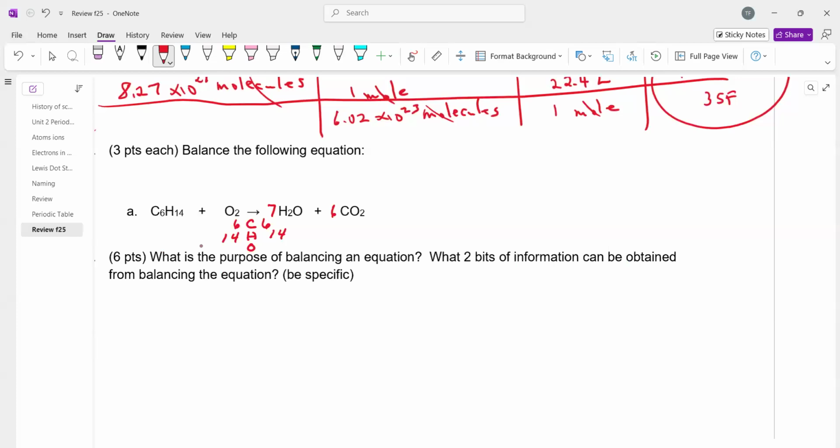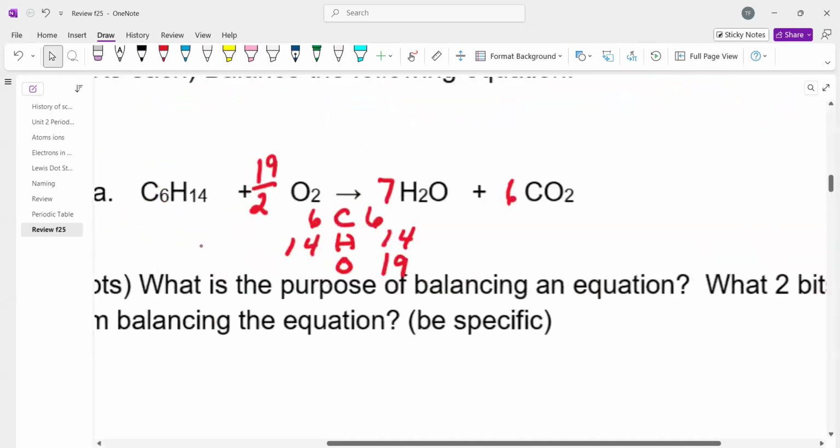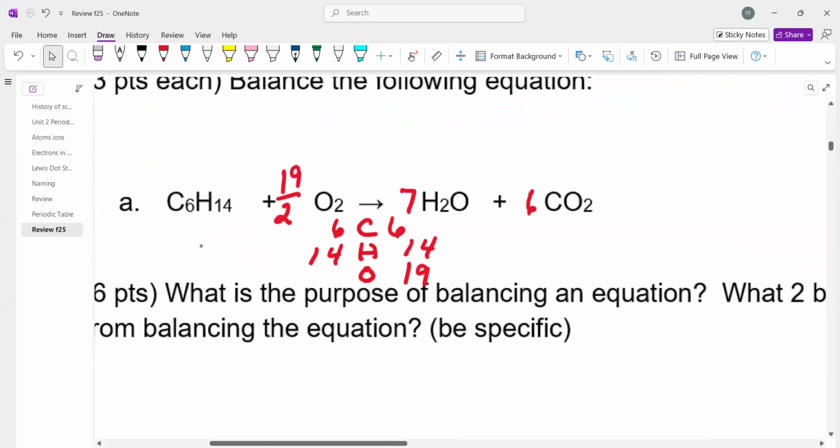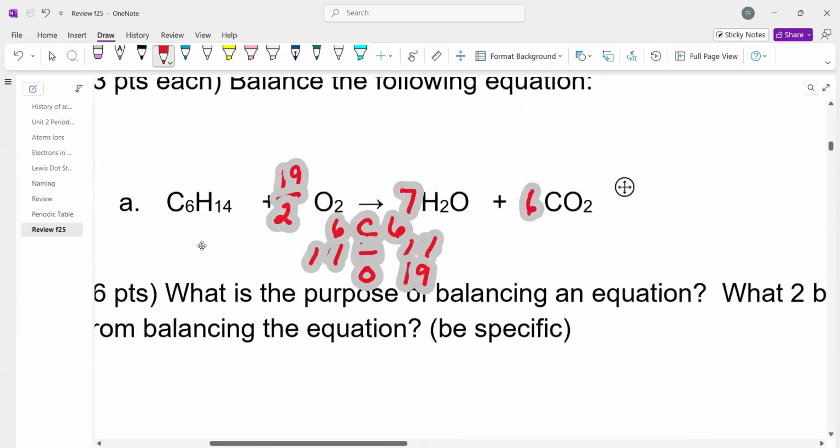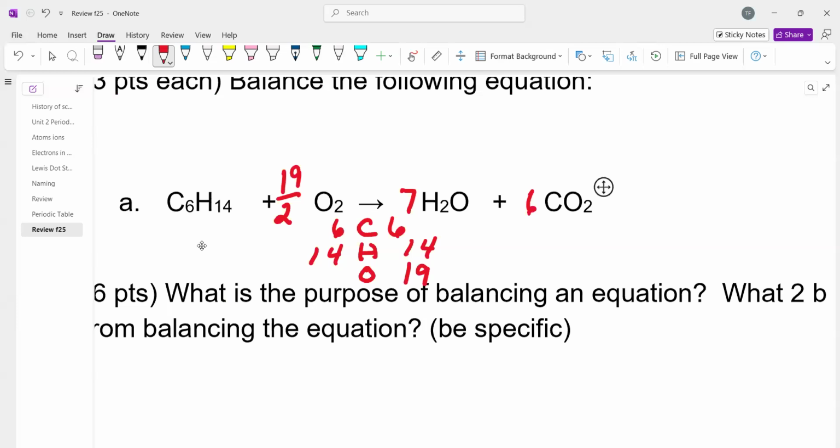Oxygens, we've got 7 and 12 is 19. And we've got 2 on the left. So we're going to have a fraction, 19/2. Nineteen over 2 times 2 is 19.